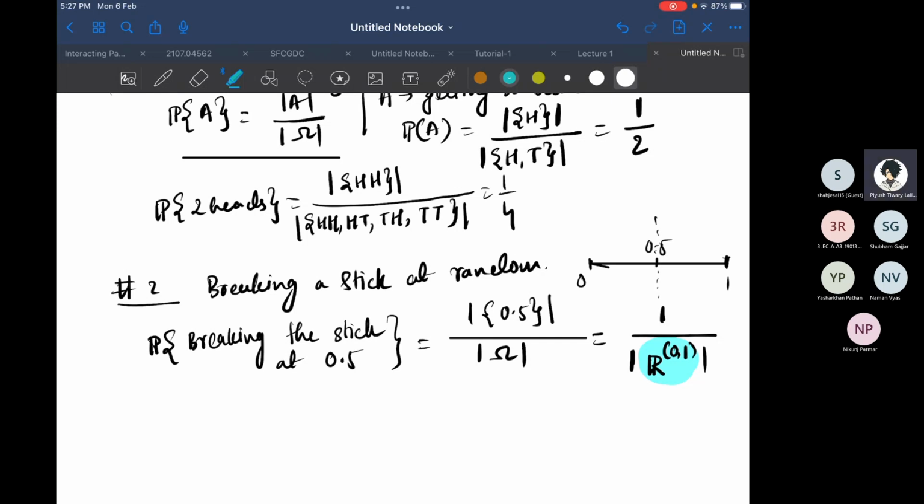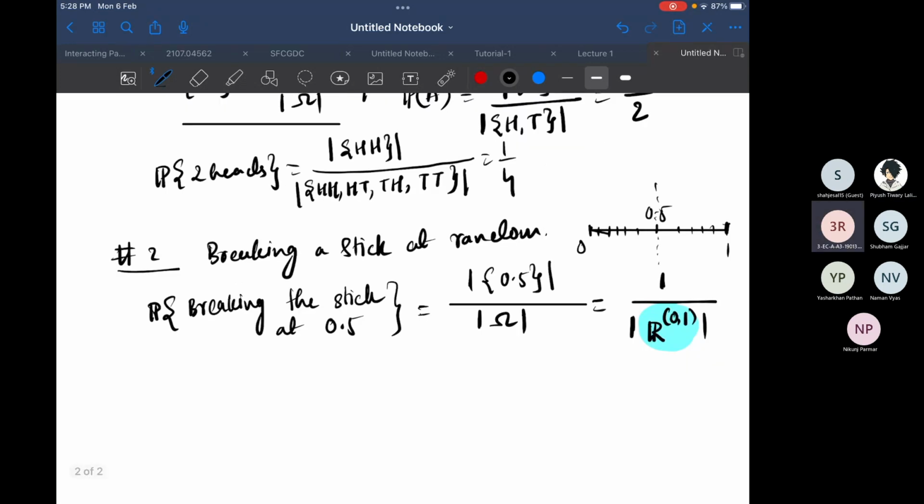I hope you agree that there are infinite real numbers in between here, here, here, here. You cannot count them. Is this clear? Yes, we cannot calculate the cardinality of this set, because there is no discrete state space. Exactly. So that's why we cannot calculate this thing.